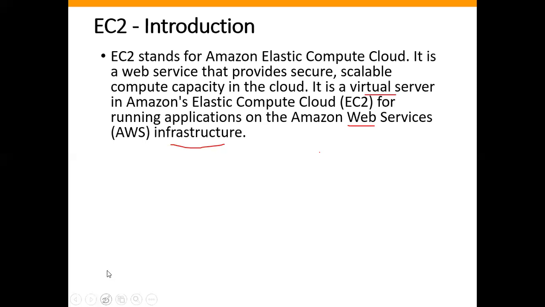It's like a computer I'm going to build, like the laptop I'm using. With the same configuration, if I need one more computer, I can create that same type of computer on Amazon infrastructure, and from my laptop I can connect to that server and do anything on it. I can build anything I want for my work.